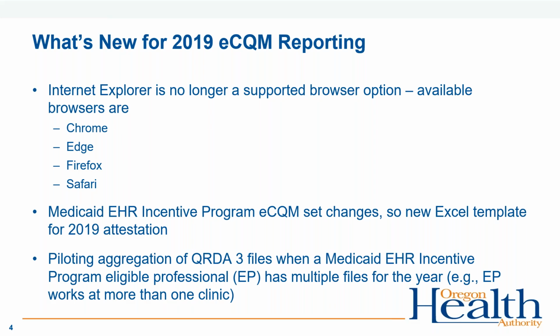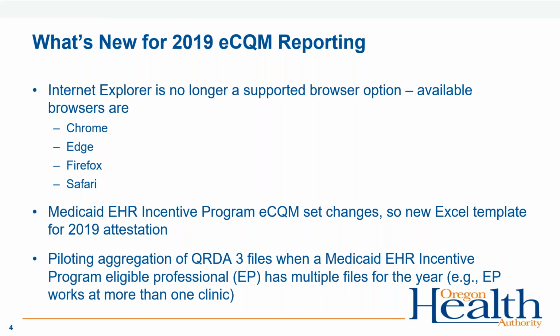So do not just create different tabs for EPs in the same file. Do a separate file for each EP. And you can also find more information about that in our updated step-by-step guide that's on our resources page. We had heard during one of our user satisfaction surveys a request to have more of a step-by-step guide. So in response, we do have that on our resources page now.